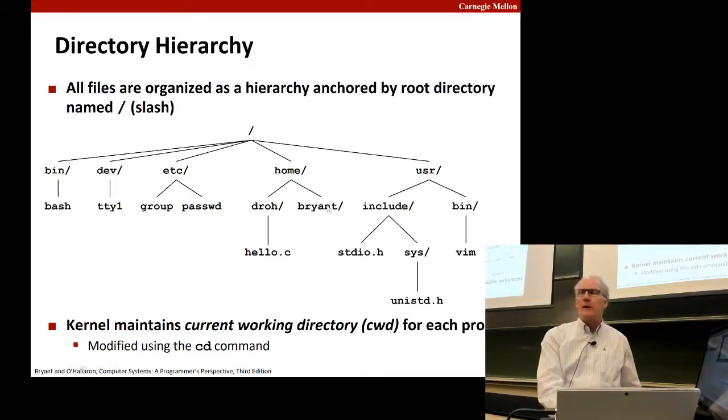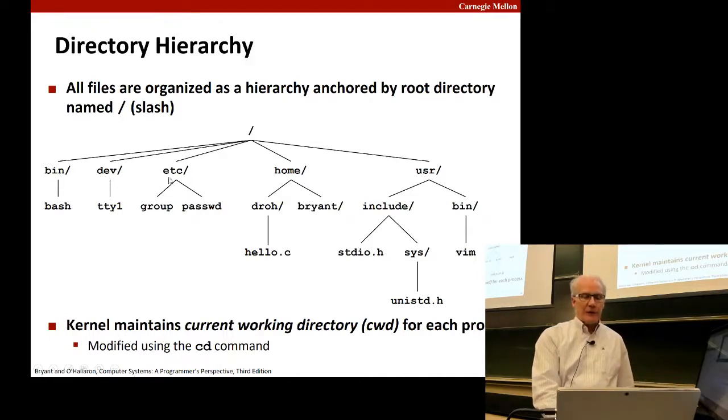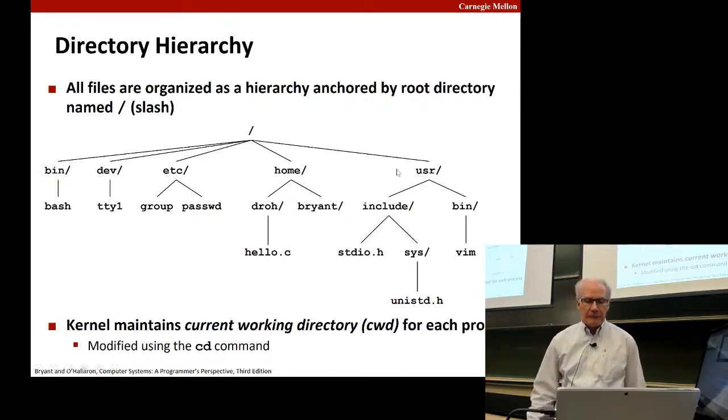And so you'll typically have a home directory, and you can build and manage the directories that are within it. But there's other ones that are maintained by the operating system with various types of information, where code is, what the I/O devices are, some of the system configuration information, and things like that.